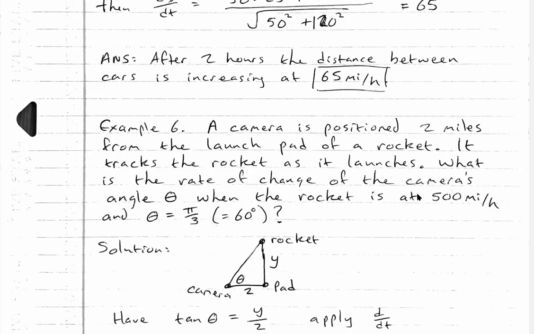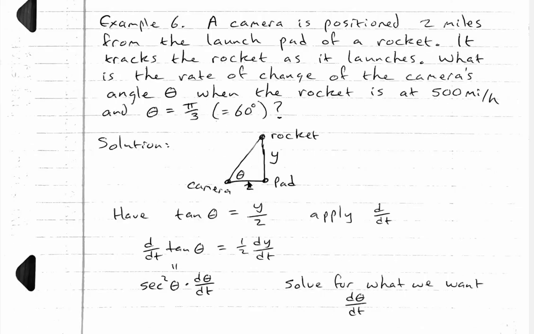Here we need to remember some basic trigonometry. Tan is the opposite over the adjacent. So tan of theta is y divided by 2. Instead of Pythagoras, we're using just the basic tangent ratio. This relates the two quantities, the height of the rocket and the angle for the camera.